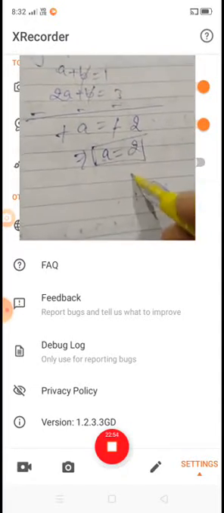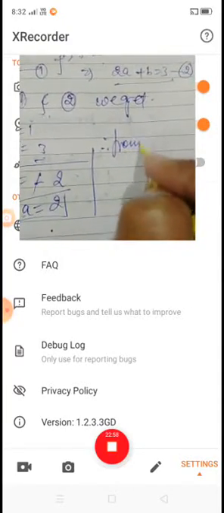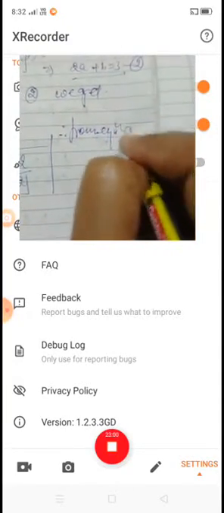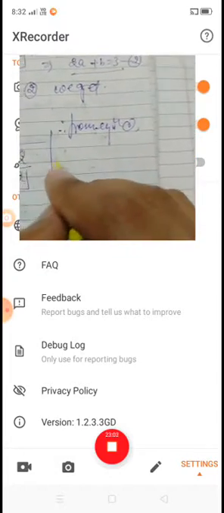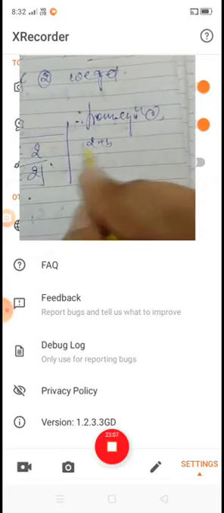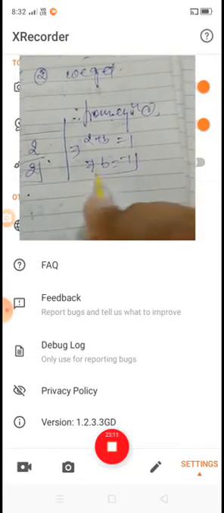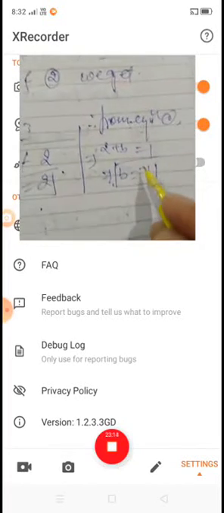Now putting the value of a in equation 1, so 2 plus b is equal to 1, that is b is equal to minus 1, okay.